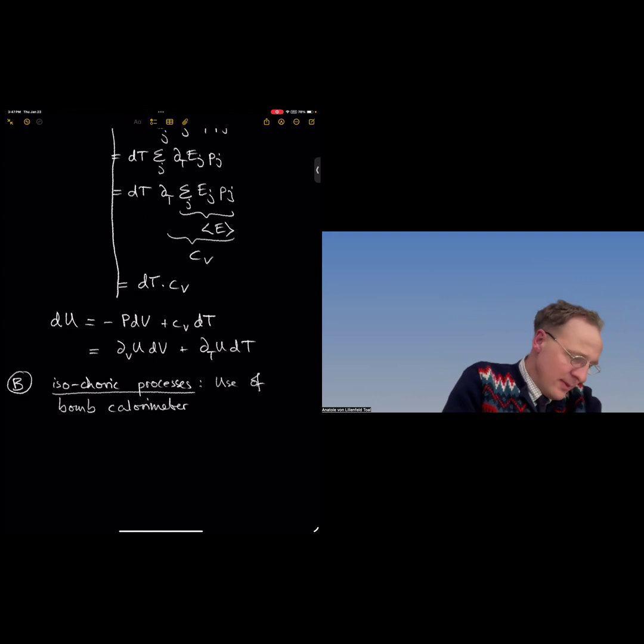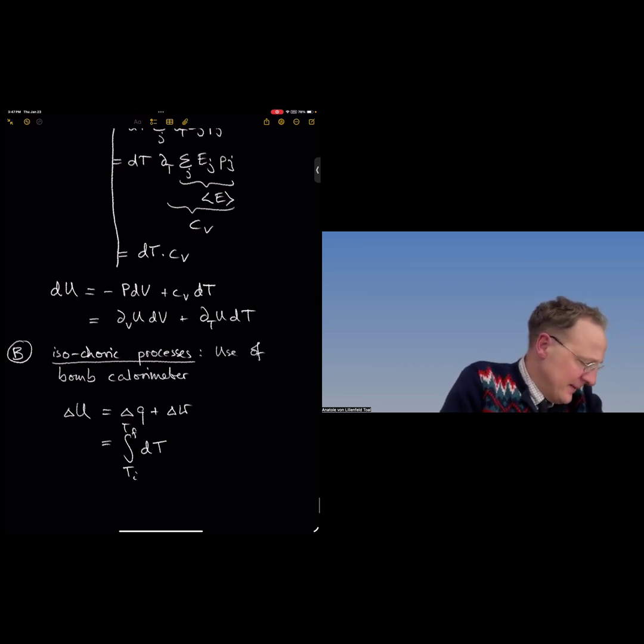Now, what happens here is, for such a process, we can write a change in the energy as a change in heat plus change in work. And this would be an integral from some initial temperature Ti to some final temperature Tf, dT Cv, minus the change in volume times the pressure.